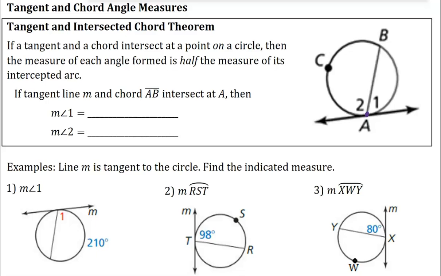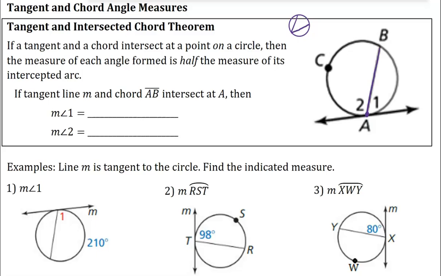This is the same as what we did in 10.4, but in 10.4, the angles were formed by two chords that were both inside the circle. Now we have a single chord and then a tangent line. We still have a vertex that is on the circle though, meaning the relationship is still going to be the same.